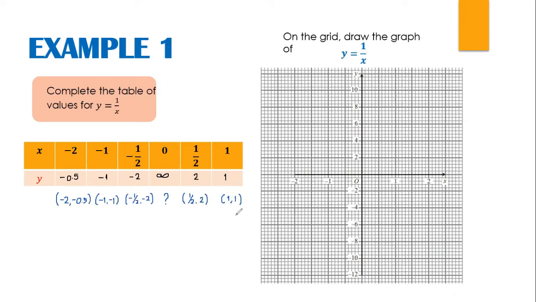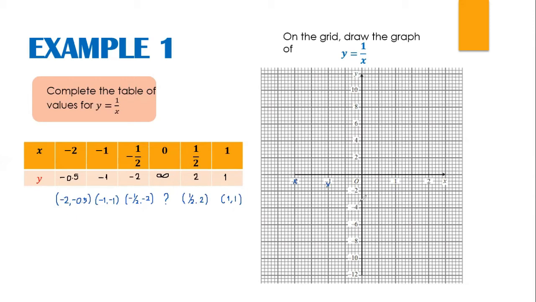That's very easy, right? By taking the data from the table, we can plot all the data on the grid. Minus 2, comma, minus a half is here. Minus 1, minus 1 is here.